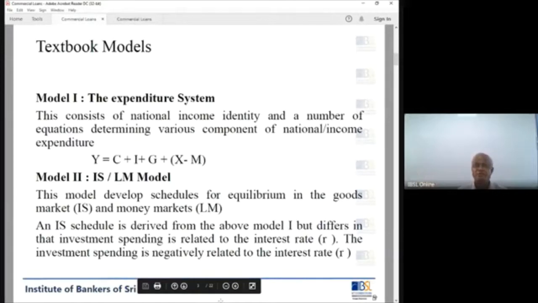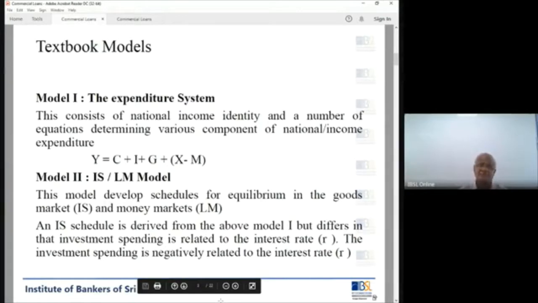Then again, they produce exports: C plus I plus G plus X. Then total income, but when you say national income, we can say our total output is C plus I plus G plus X minus M. M is coming from outside, no? So that is the expenditure system model: C plus I plus G plus X minus M.